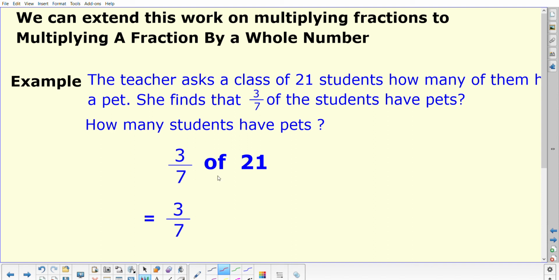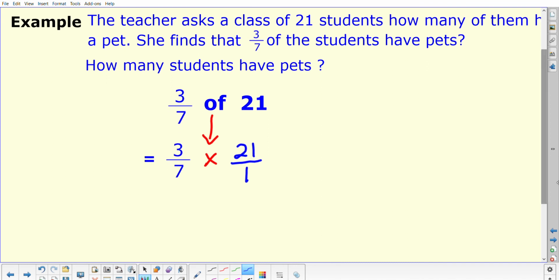Now the word of in maths gets replaced by times, and actually any whole number we can write as a fraction in this way. We can put it over 1, so this actually becomes fraction multiplication, and we are looking to do the cancelling just as we've been doing a little minute ago.